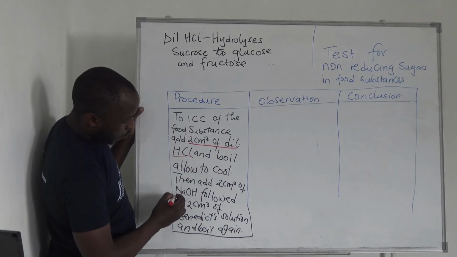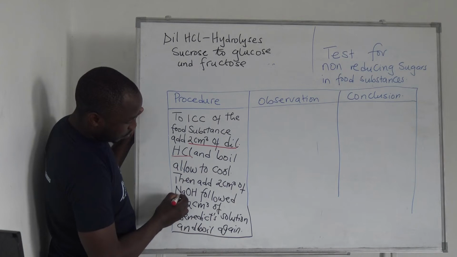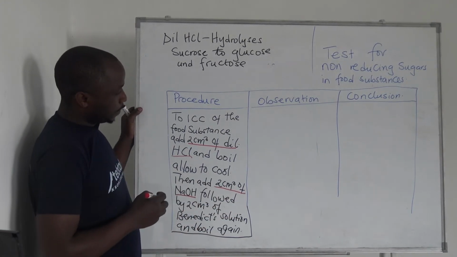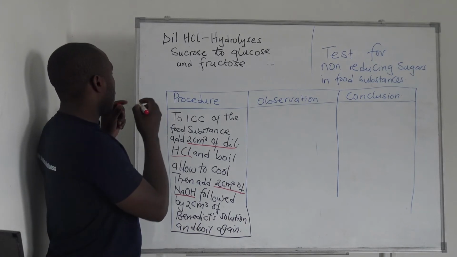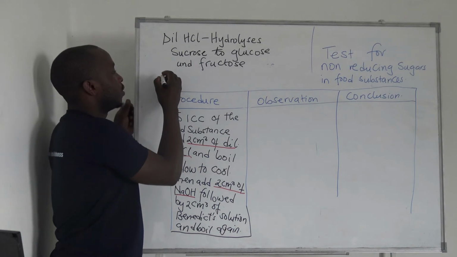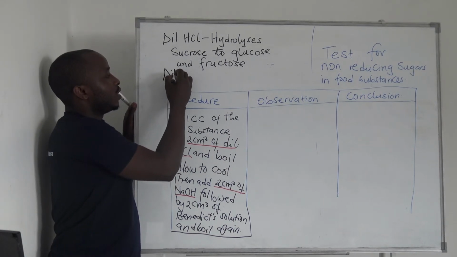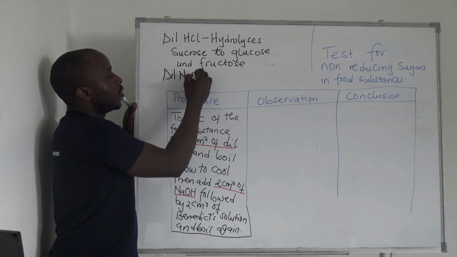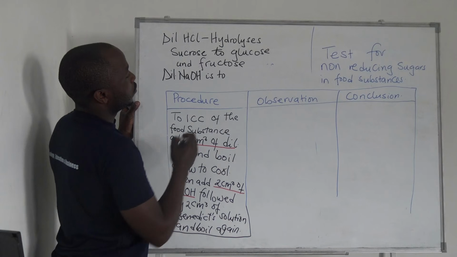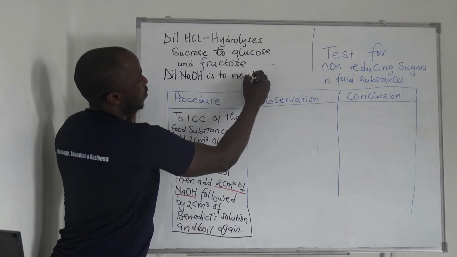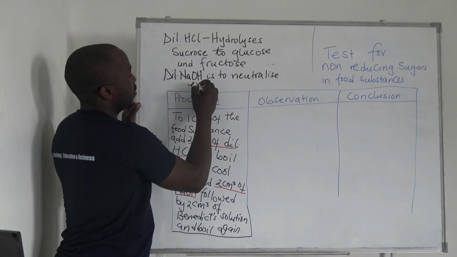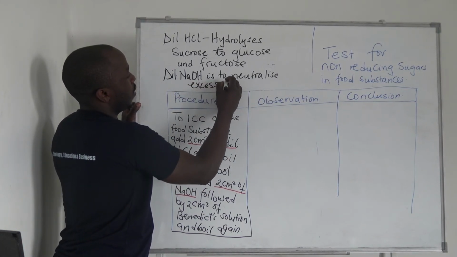Then, why do we add in sodium hydroxide after cooling? The work of sodium hydroxide, also dilute, is to neutralize excess HCl.